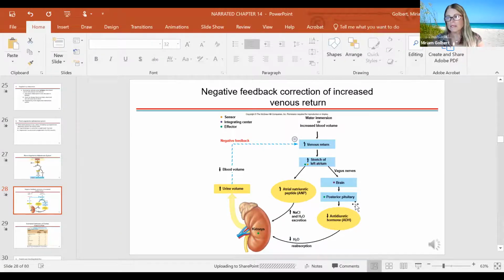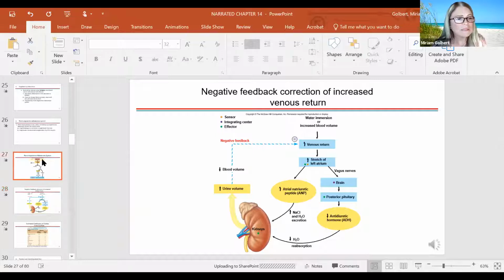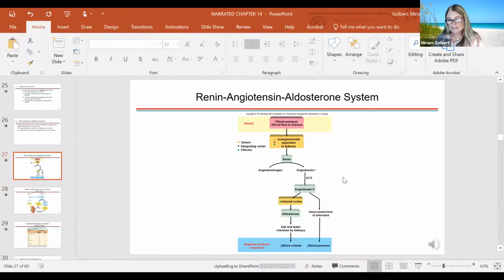In any case, any spike or any drop in our blood volume and blood pressure, we can rely on those hormonal groups to do this. One thing that I forgot to mention on the RAS system and that little ACE, because we're going to see it again in respiratory. There are a lot of cardiac patients that take, we mentioned beta blockers, but the other treatment is ACE blockers.